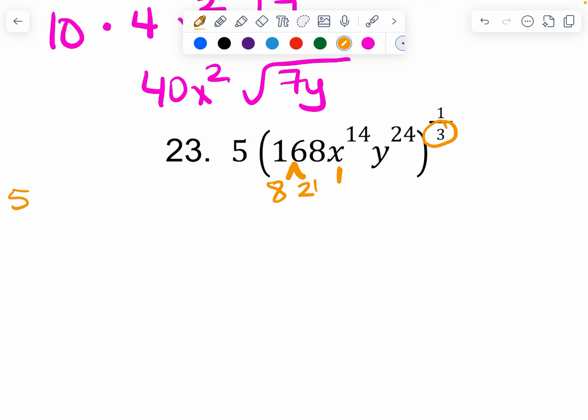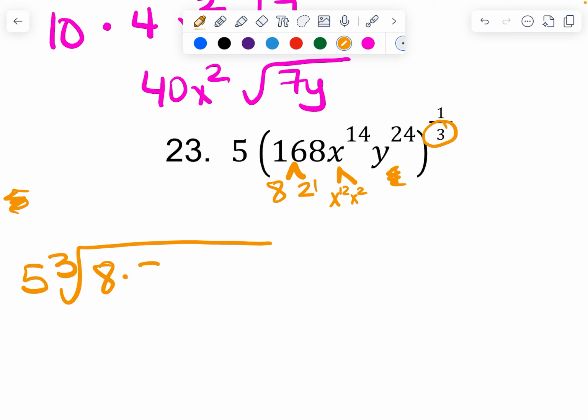And then we want this to be divisible by 3, so the x to the 12th, x squared, and that is divisible by 3. So I'm not going to write it there. I'm going to bring it down here a little bit more. So I'm actually going to rewrite this as the cubed root. Okay? 8 times 21, x to the 12th, x squared, y to the 24th.